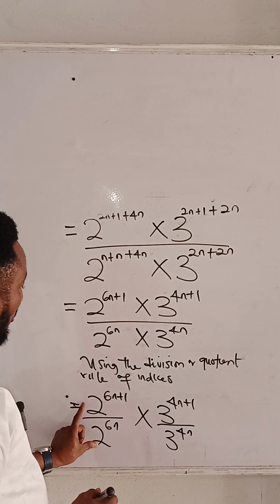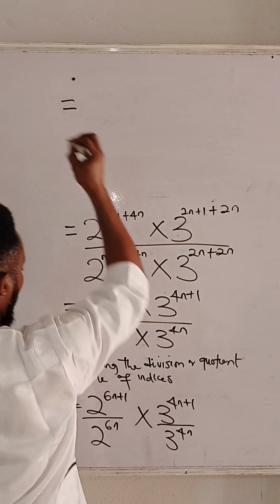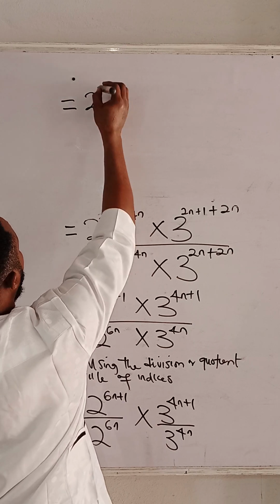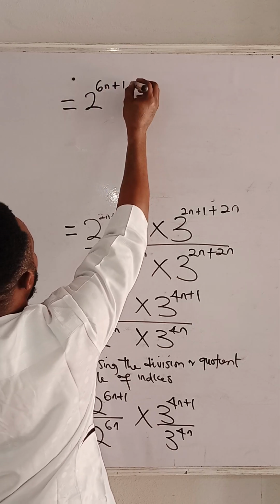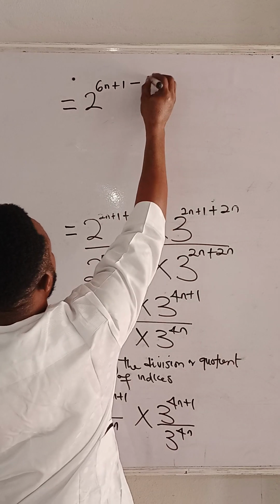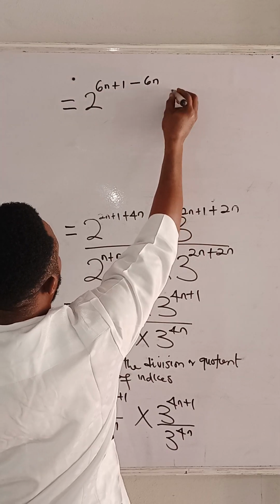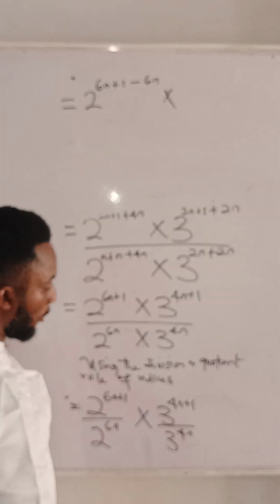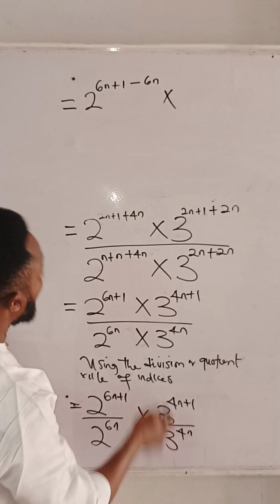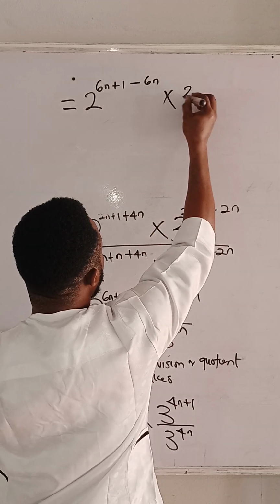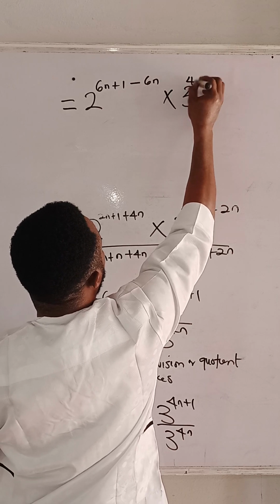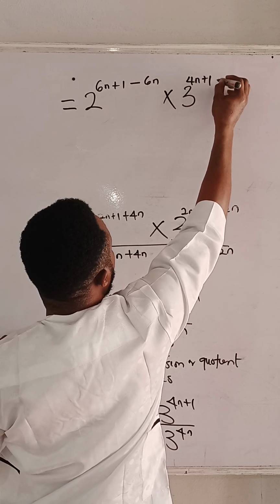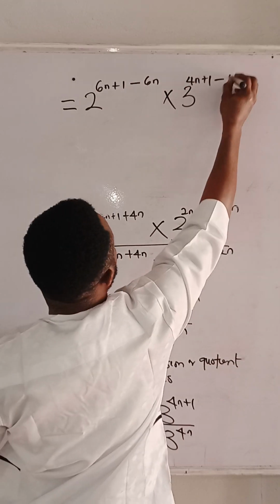If I apply the division rule here, we are going to have 2 to the power of 6n plus 1 minus 6n, multiplied by, applying the same division rule for the base 3, 3 to the power of 4n plus 1 minus 4n.